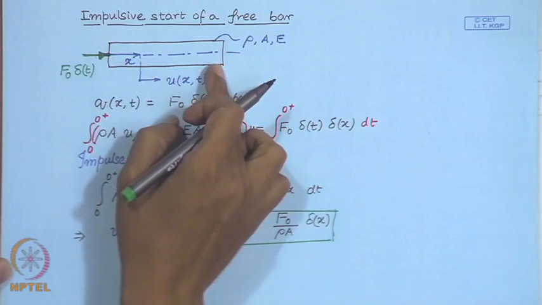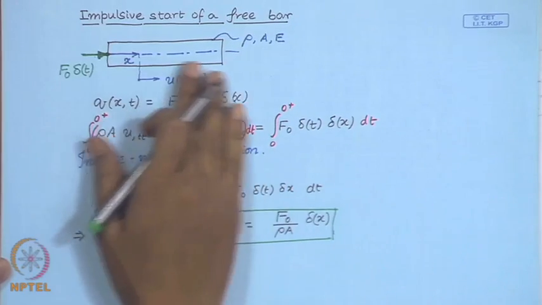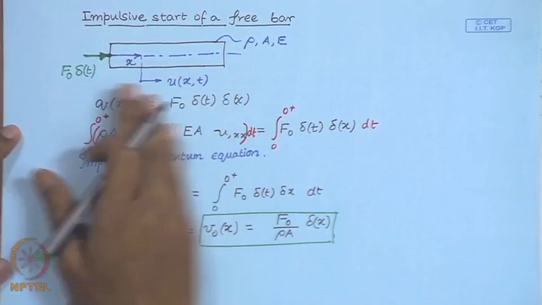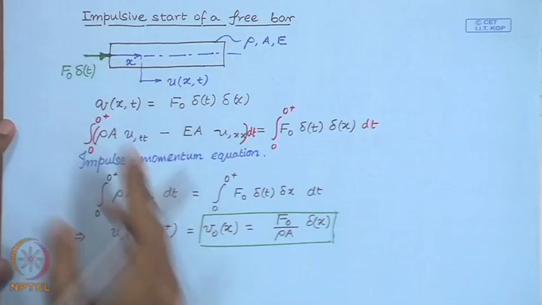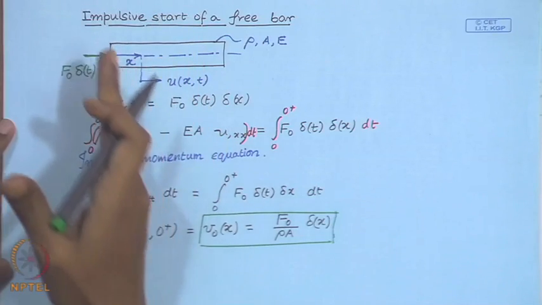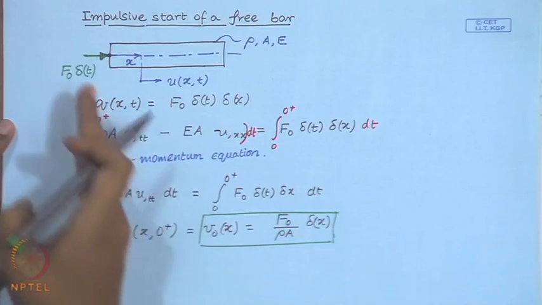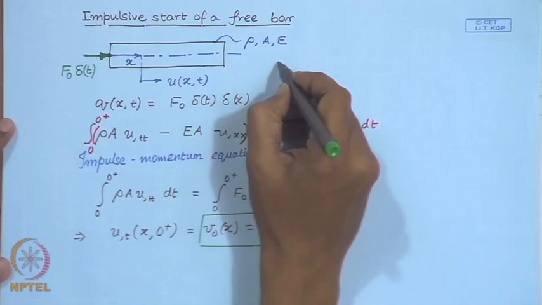This point of the bar immediately does not know that there has been an impulse. So, this whole part of the bar is stationary, whereas this layer has acquired a velocity and that information is going to propagate at the speed c, which is square root of E over rho.